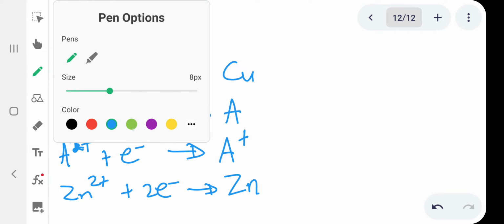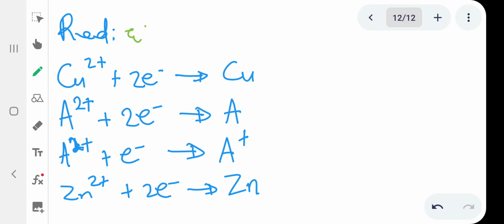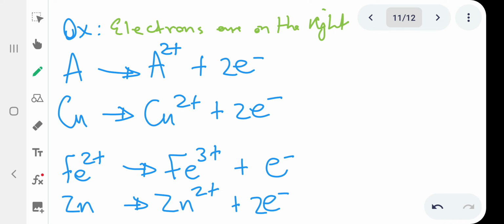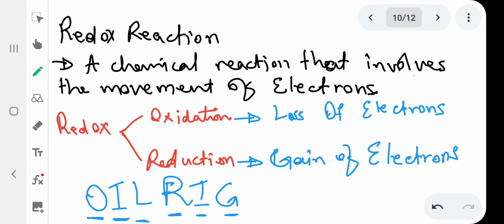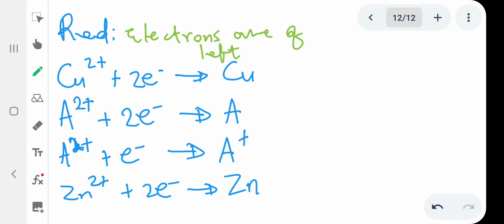We can also notice that the electrons for reduction are on the left side of the chemical equation. So these are typical examples of reduction reactions.